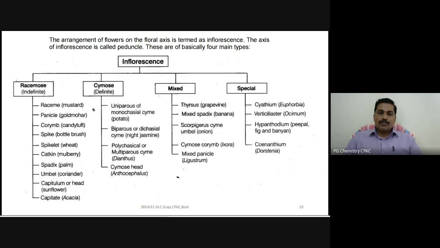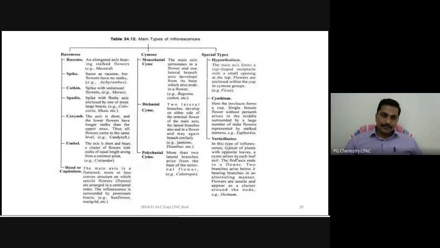Cymose: uniparous, biparous, polychasial. And mixed, special mixed like thyrsus, cymose corymb, and special like cyathium, verticillaster, hypanthodium, all those things. So this is the detailed description of inflorescence.